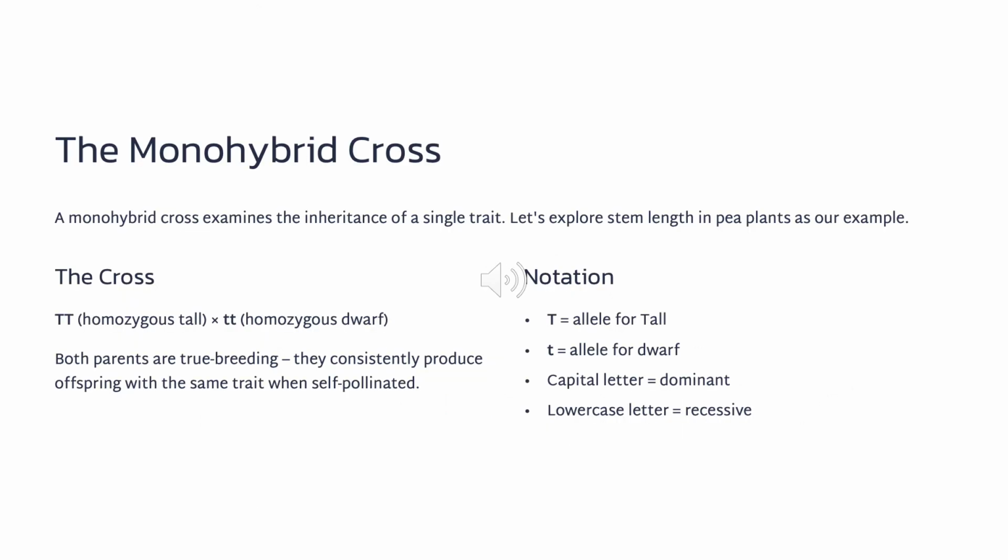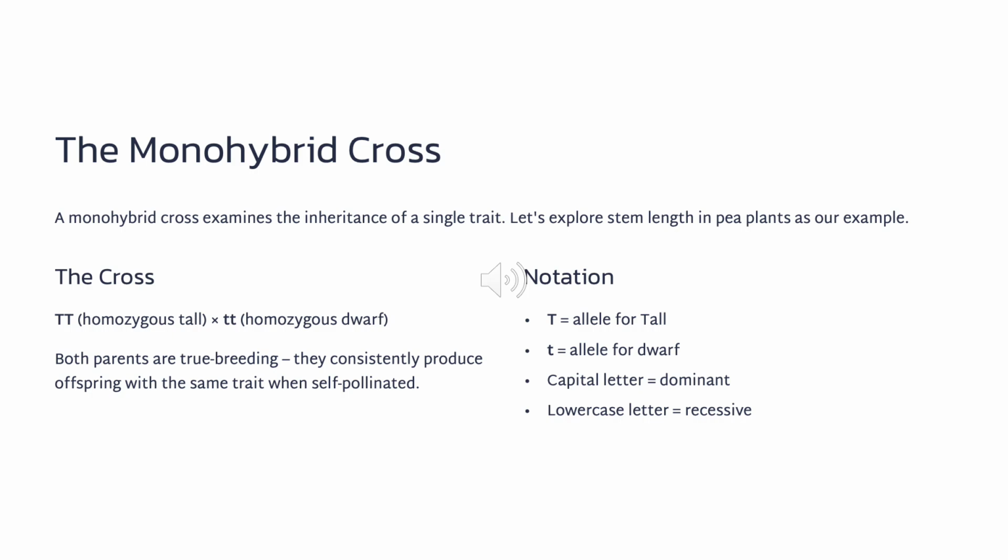For the monohybrid cross, it is a cross that examines the inheritance of a single trait. So we use the example of stem length in pea plants. The cross is homozygous tall mated with homozygous dwarf. So both parents are true breeding because both are homozygous. So they consistently produce offspring with the same trait when self-pollinated.